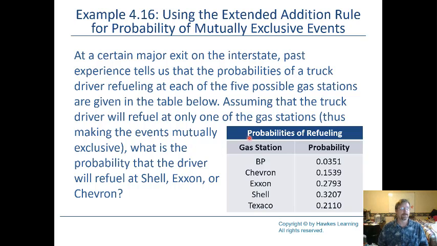Okay. So we've got a truck driver. There are these probabilities that a truck driver will fill at any particular brand of gas station. So what are the probabilities that the truck driver will refuel only at one gas station over his trip, making all of these mutually exclusive?